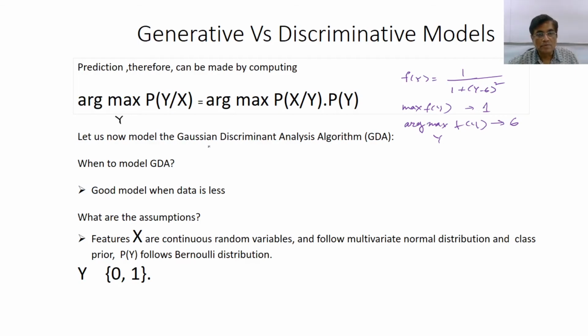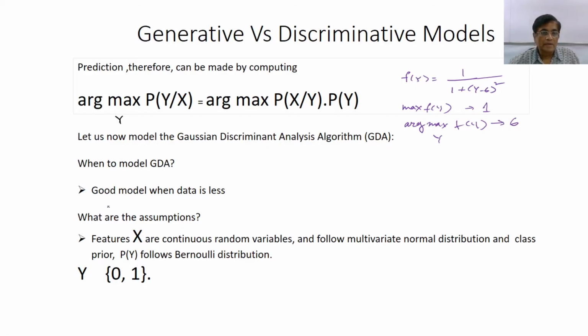Now, how to develop a Gaussian model, we'll discuss. Since you now know the characteristics of generative and discriminative models, we are going to propose a model known as the Gaussian discriminant analysis based model, or the GDA algorithm.